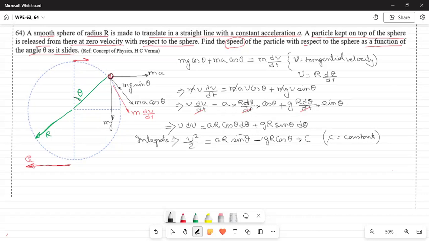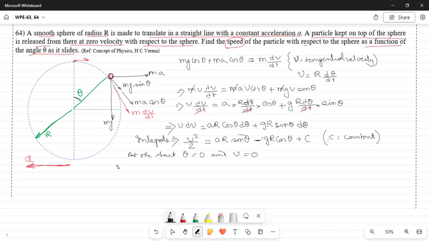When theta was 0, the tangential velocity V was 0 because it just started from here. So we write at the start, theta was equal to 0 and V was equal to 0.